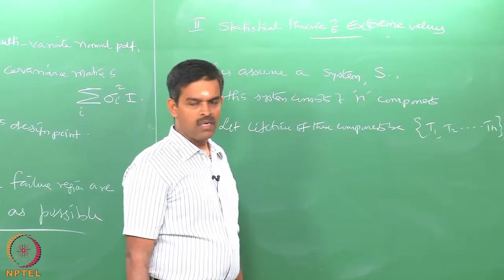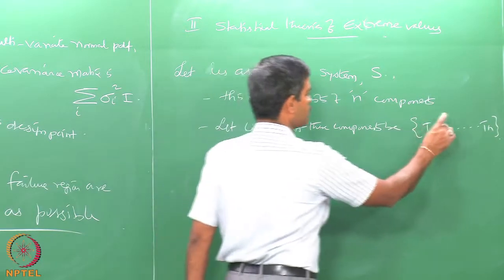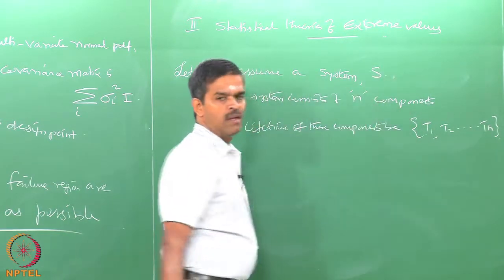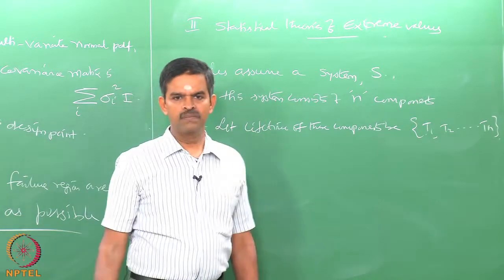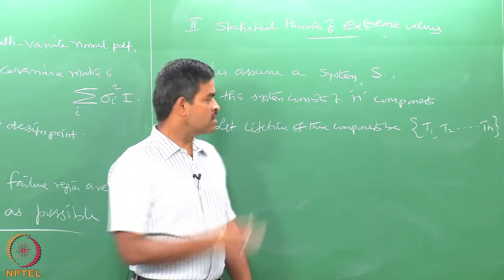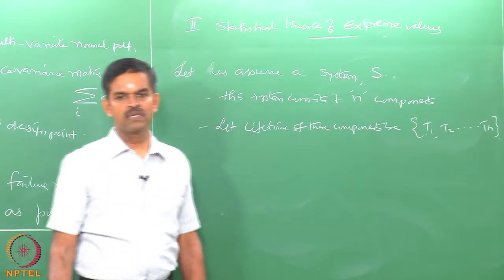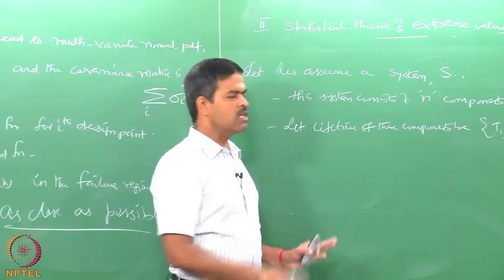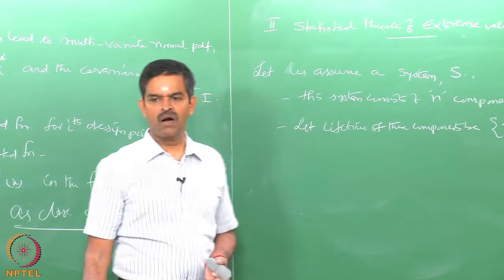So, obviously, the lifetime period of each one of these components which form a system may not be dependent on each other. So, these lifetimes of components are assumed to be independent and identically distributed with the reliability function R of t.